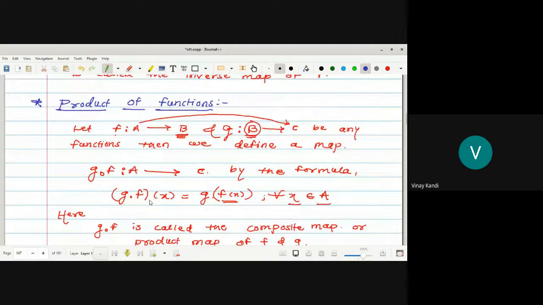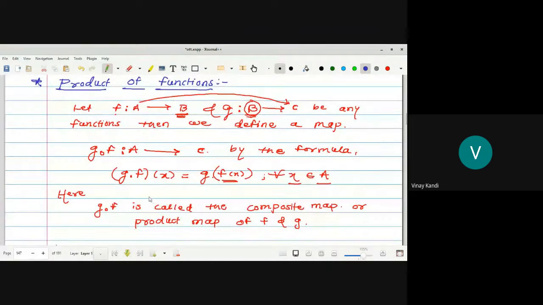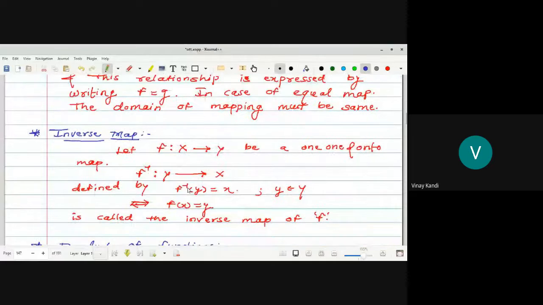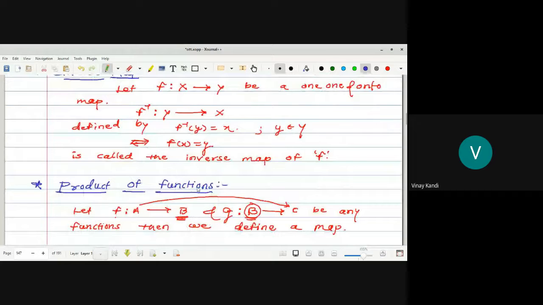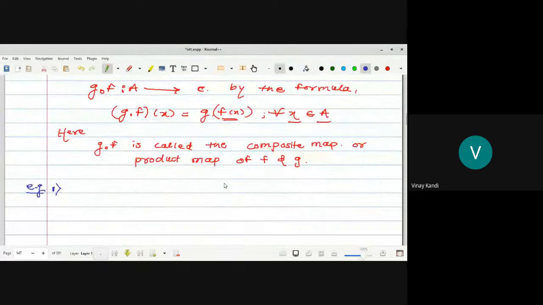So these are the three definitions: inverse mapping, equal functions, and product of two functions. Okay, now look at the example. Example number 1.